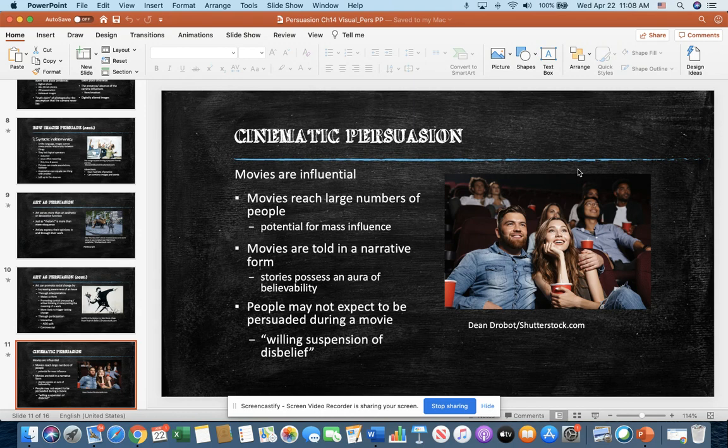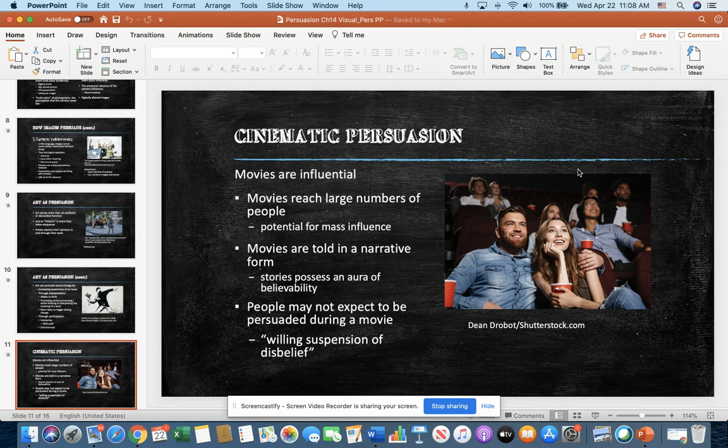That we have a willing suspension of disbelief. We're saying, well, for the next hour and a half or 2 hours or however long movies are, subconsciously I'm not going to worry about critiquing. I don't know if I ever put down my guard, even when I go to a movie, because I'm always trying to look for something to steal in terms of sermon illustrations.